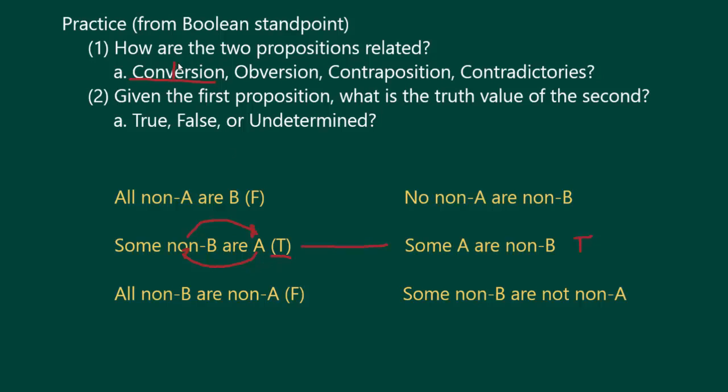We can figure that out on the basis of the mnemonic that I gave you in the previous slide. This is an I statement, and since we use conversion on it, I know that we're going to get a logically equivalent statement. And so since some non-B are A is true, we know that some A are non-B is true.